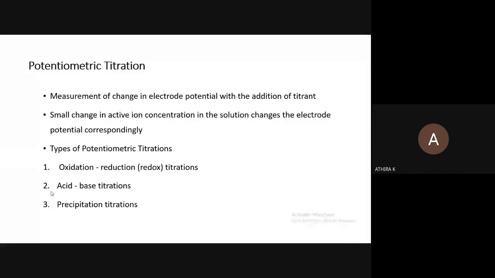Yes, there will be a color change. What is the reason for that color change? We have taken acid and base, and the pH value changes. Okay. We are adding a reagent, right?